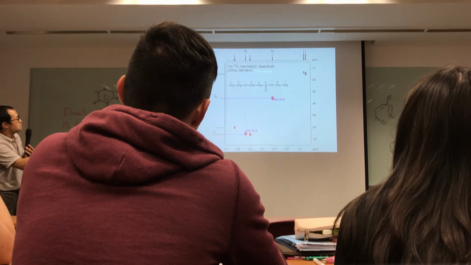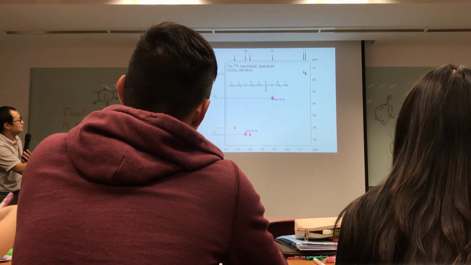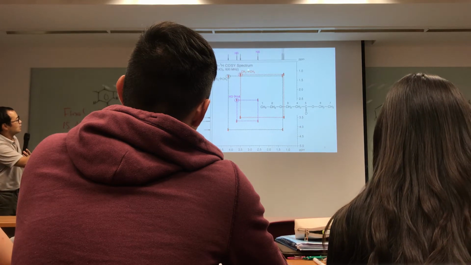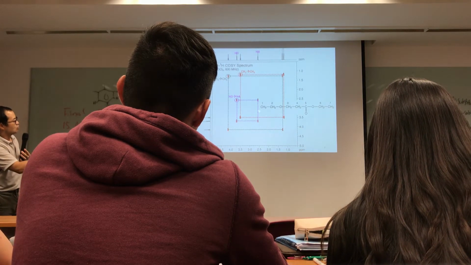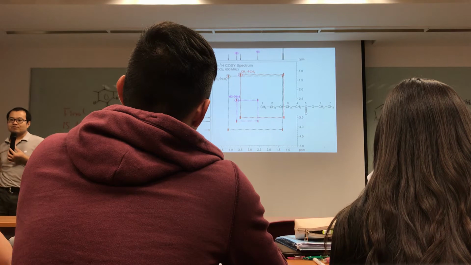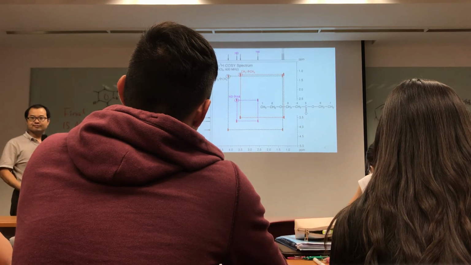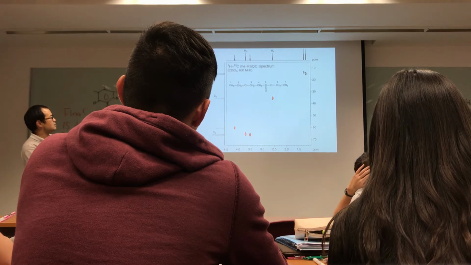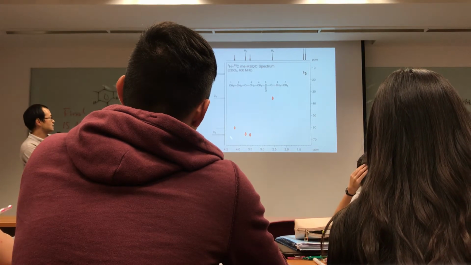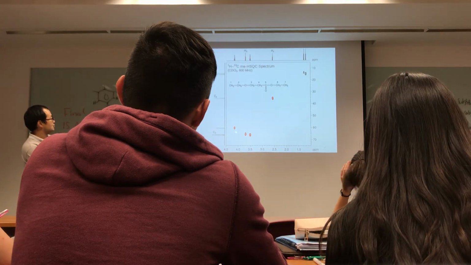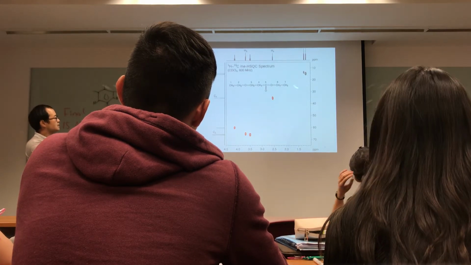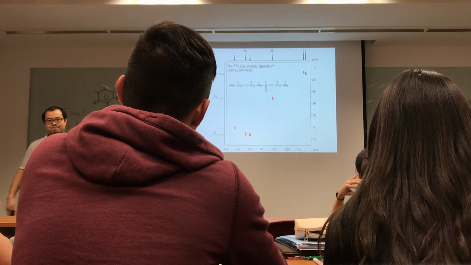Now about which ethyl, like the red one or the black one, which set belongs to which, we cannot tell, right? Again, for this HSQC, you can see this is CH2, you know, CH2 is red, CH3 is black.